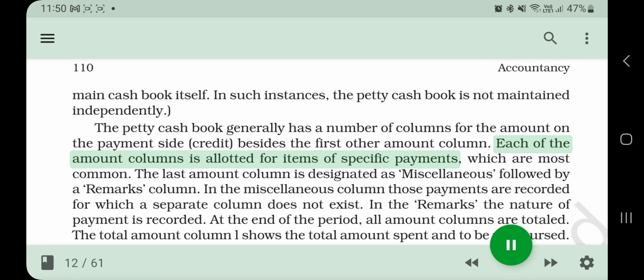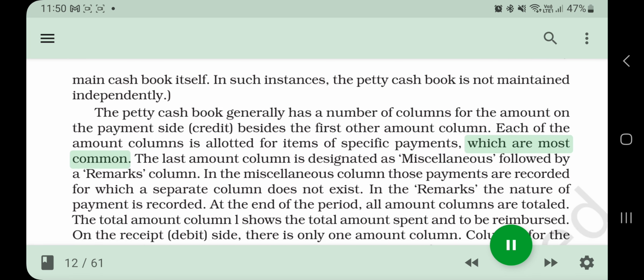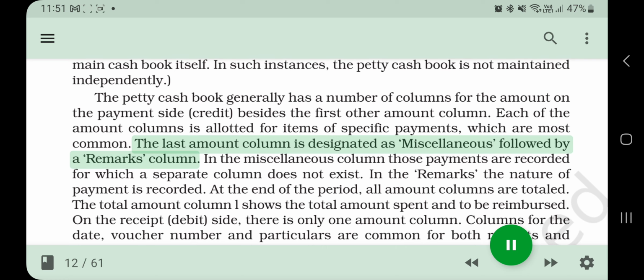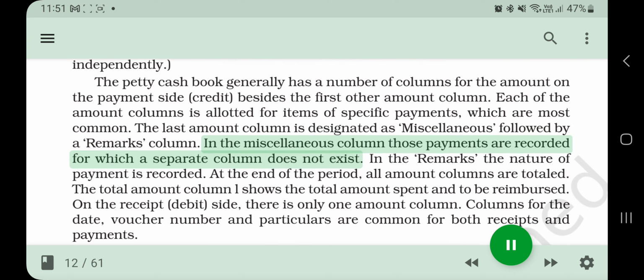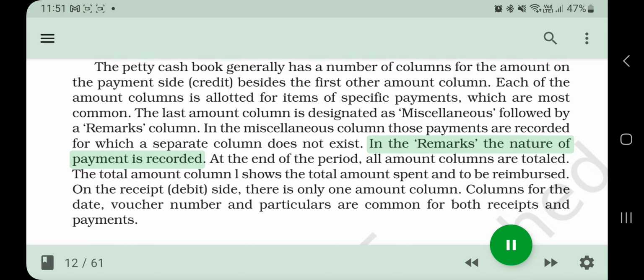Each of the amount columns is allotted for items of specific payments, which are most common. The last amount column is designated as miscellaneous, followed by a remarks column. In the miscellaneous column, those payments are recorded for which a separate column does not exist. In the remarks, the nature of payment is recorded.